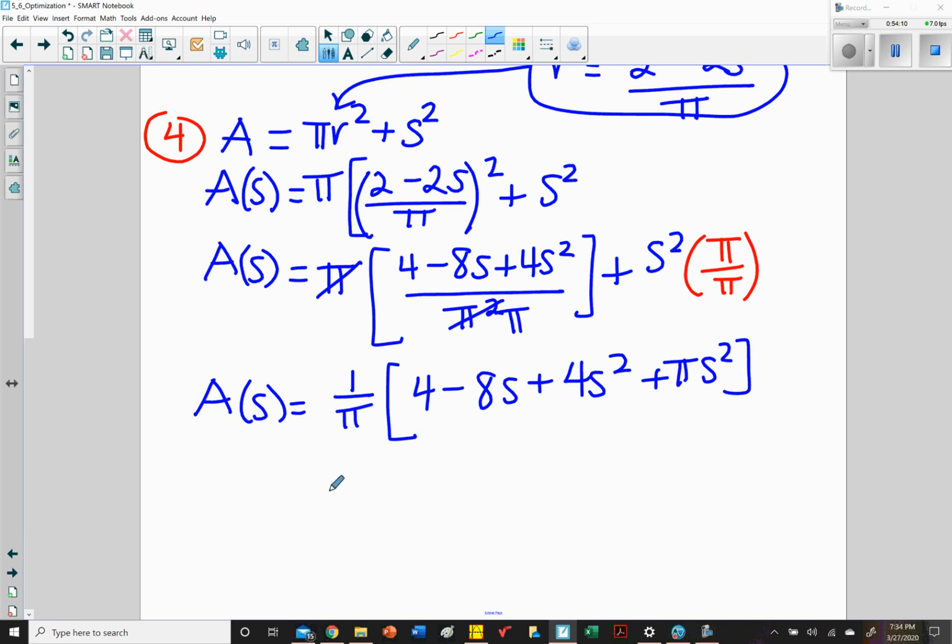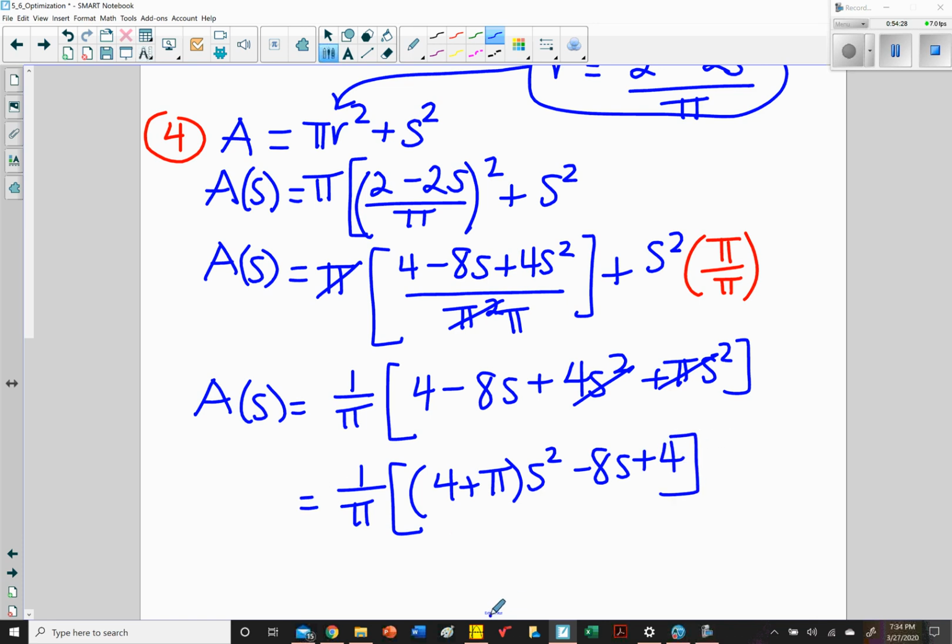We could add these together. 1 over pi times (4 plus pi)s squared minus 8s plus 4.